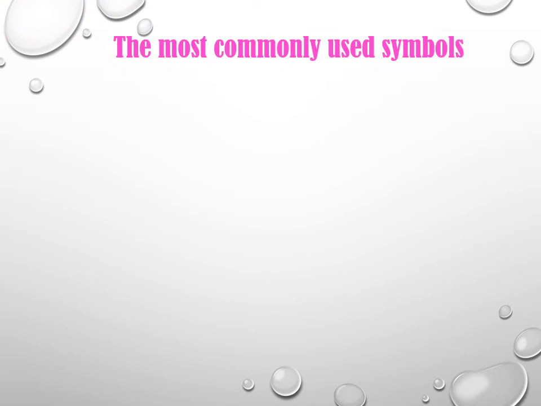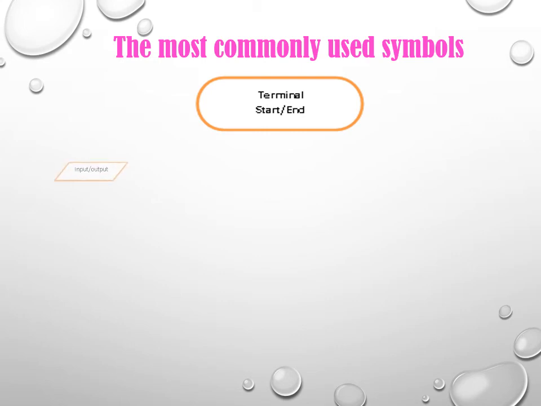Let's see the most commonly used symbols to draw a flowchart. The terminal. The terminal is found at the start and at the end of the flowchart. The input-output. This is not called a parallelogram. It's called input-output because we are studying programming, not geometry.